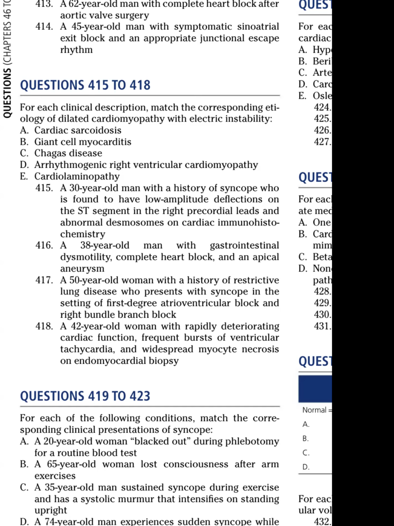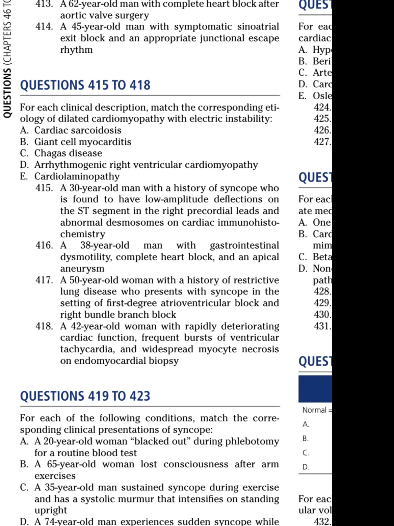The major challenge in ARVC is that you have a replacement of the normal cardiac muscle with fibrofatty infiltration. That is seen in the desmosomes, which are one of the proteins we have in the cardiac muscles.